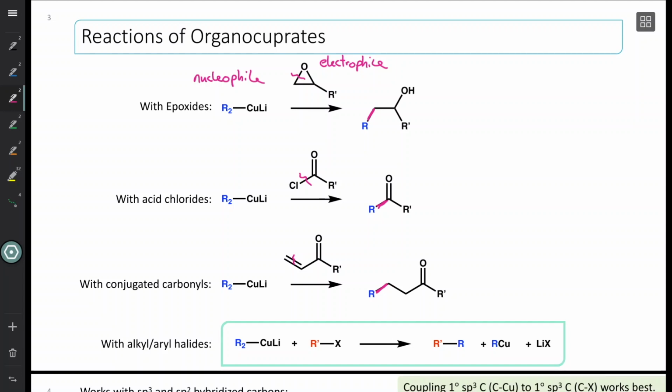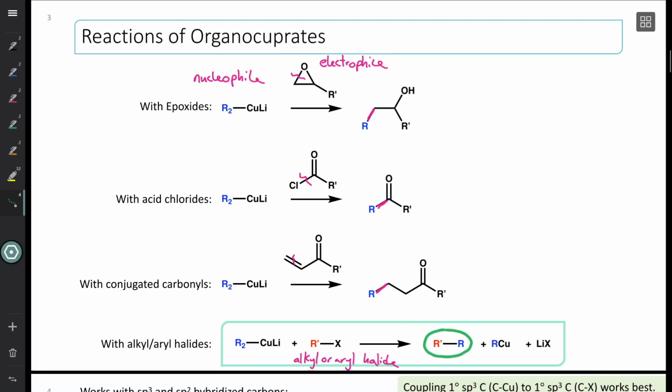Now we're just going to do a slight variant, where our electrophile is another alkyl or aryl halide. Right. So now we're going to be able to do a direct coupling between one R group, which will also be alkyl or aryl, and a new R group.